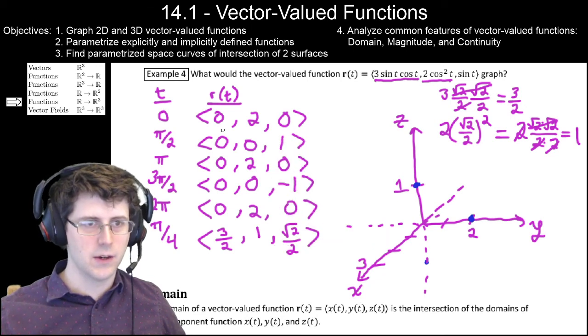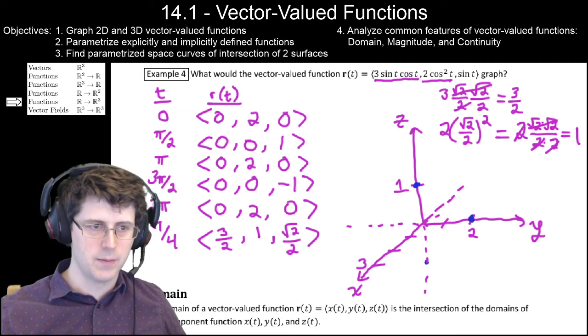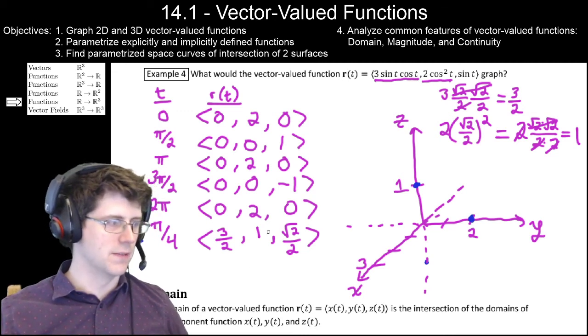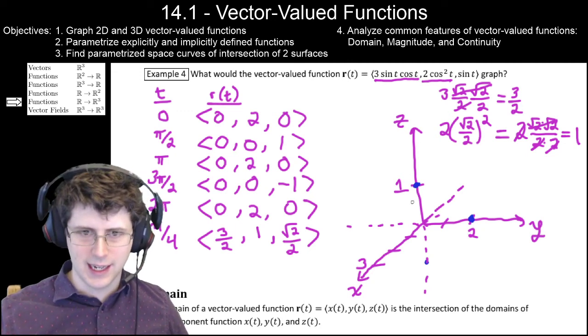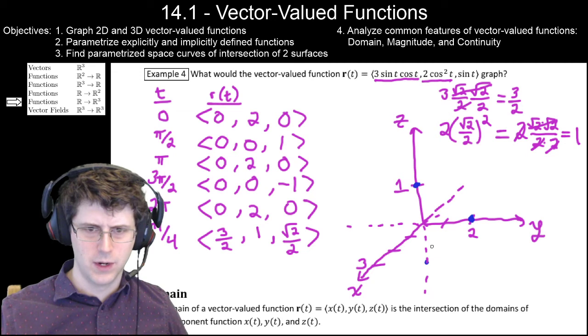What order does this go in? So I need to go from 0 to 0. This is where I start at time 0. Next up is this point, t equals pi over 4. So that's x is 3/2, y is 1, and z is root 2 over 2. It's like up here.